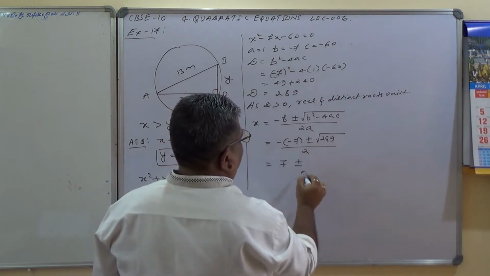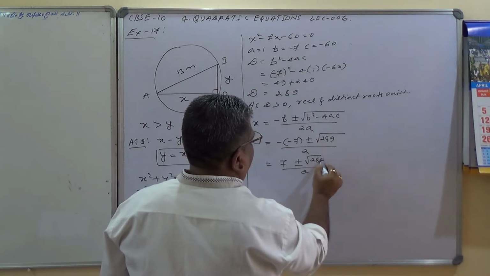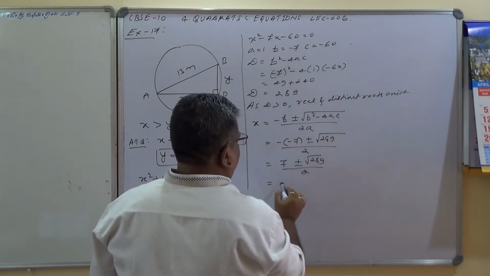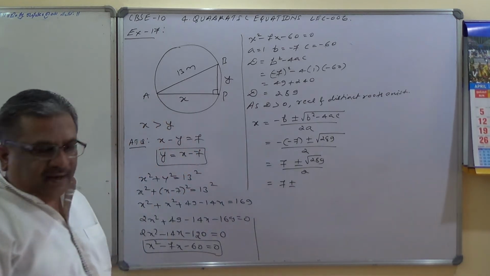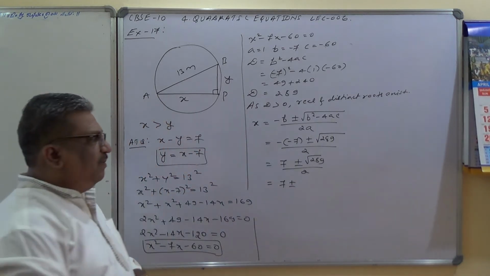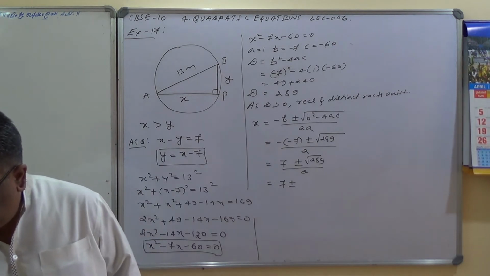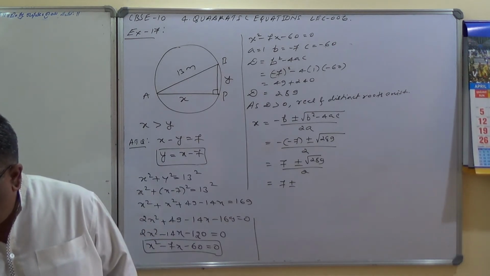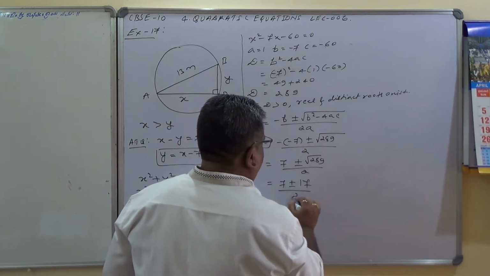7 plus or minus under root of 289 divided by 2 here. So which equals 7 plus or minus under root of 289. Check it, I think 17. Is it not 17? 17 into 17 is 289. So 17 by 2.